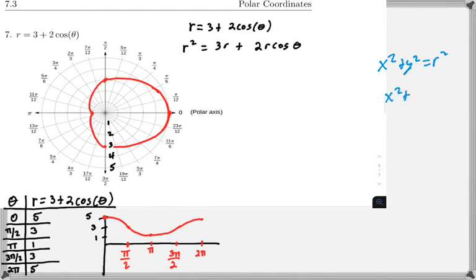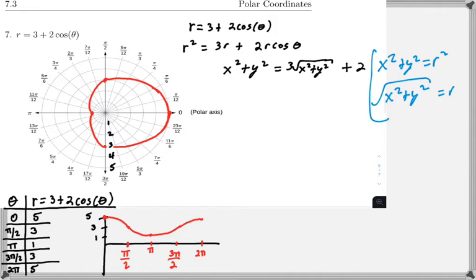So the square root of x squared plus y squared is equal to r. Okay, so we have x squared plus y squared is equal to 3 square root of x squared plus y squared. Okay. And then our r cosine of theta is going to be x.